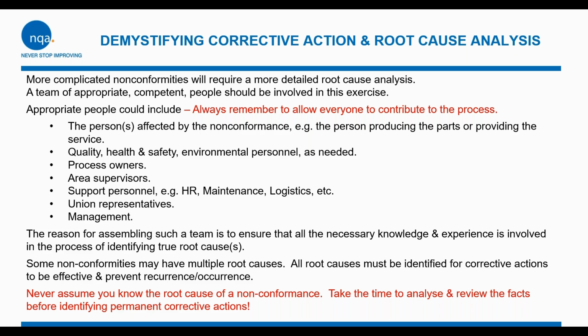A team of appropriate, competent people should be involved in this exercise. Appropriate people could include persons affected by the non-conformance, the people producing the parts or the service, quality, health and safety, environmental people, process owners, area supervisors, support personnel, maintenance, logistics, HR, union representatives, and management.